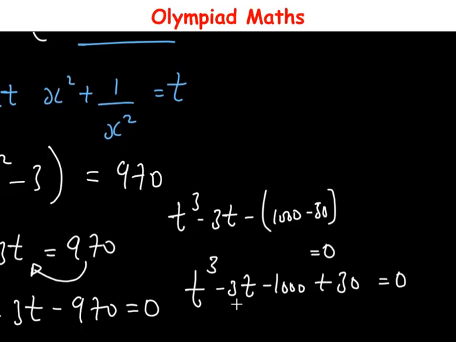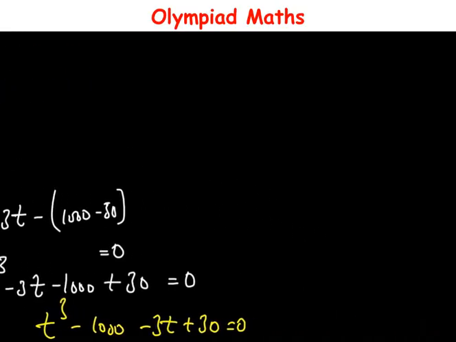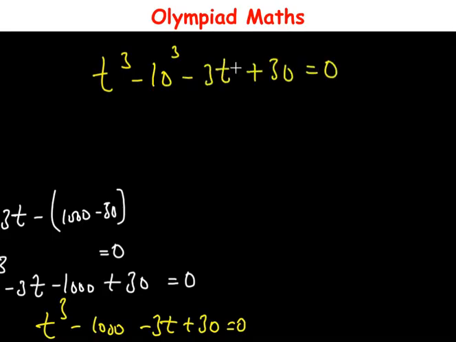So we are going to rearrange this equation. This becomes t raised to the power 3 minus 1000, then we have minus 3t plus 30. This equals 0. So from here, we have t raised to the power 3 minus 1000 is simply 10 raised to the power 3, minus 3t plus 30. This equals 0.